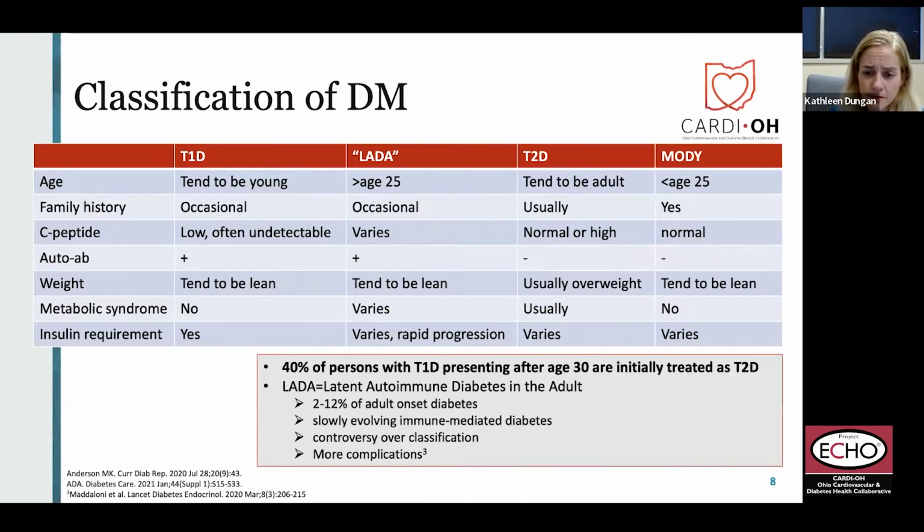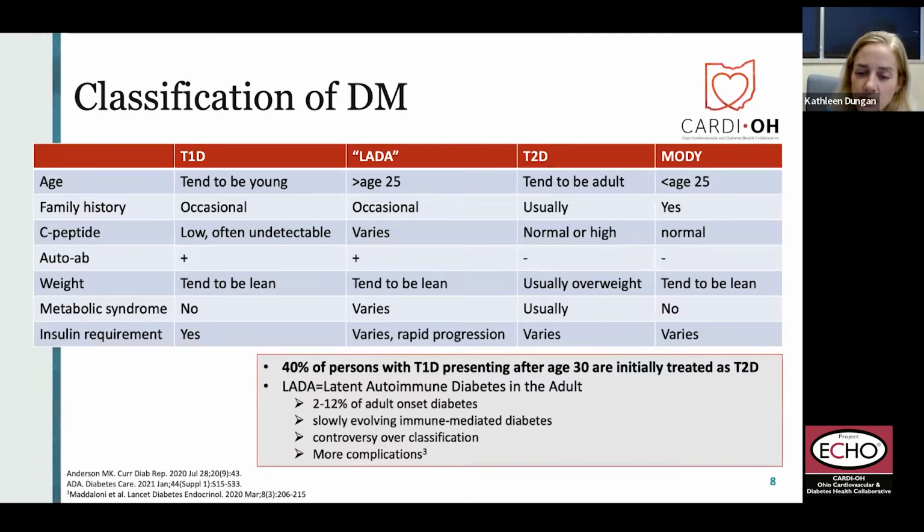This is just a little bit more information. So LADA is a term that we throw around. You might even find a diagnosis code in your EMR, but it's technically not really a diagnosis by itself. There's some controversy among expert groups whether we should just call people LADA or just call them type 1 diabetes, which is really what I think is a nicer way to describe it, is slowly evolving immune-mediated diabetes.